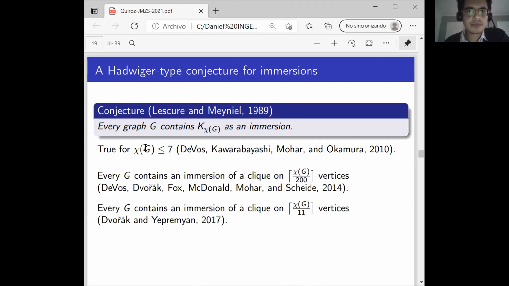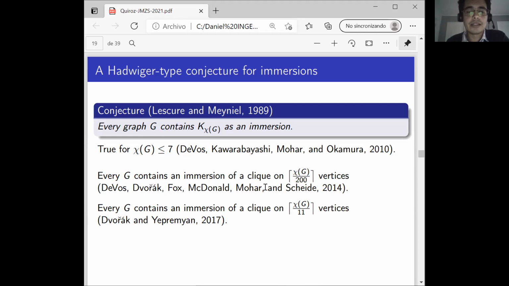And there are some linear bounds on the size of the clique immersion you can guarantee. Okay, so DeVos, Dvořák, Fox, McDonald, Mohar, and Scheide proved that G contains an immersion of a clique on the chromatic number over 200 vertices.